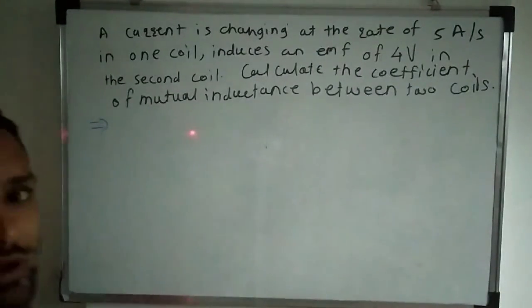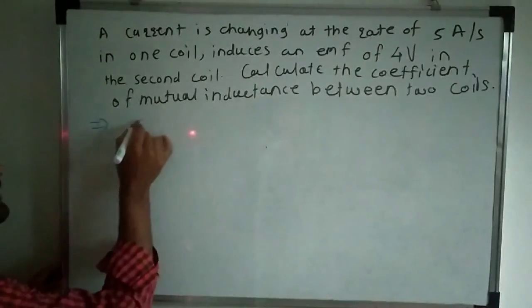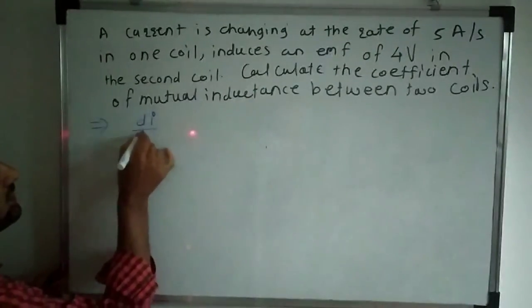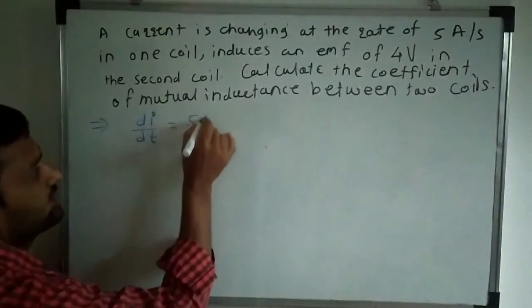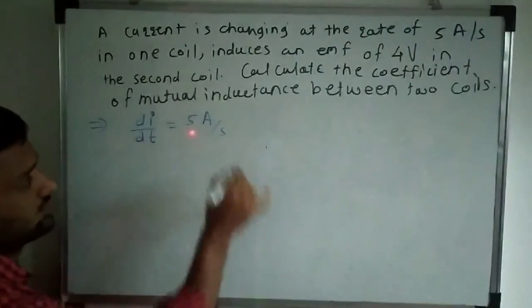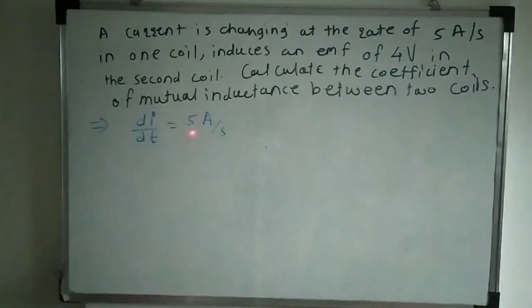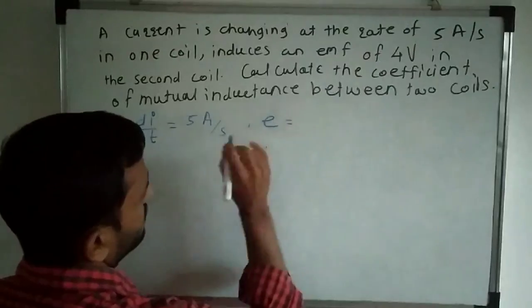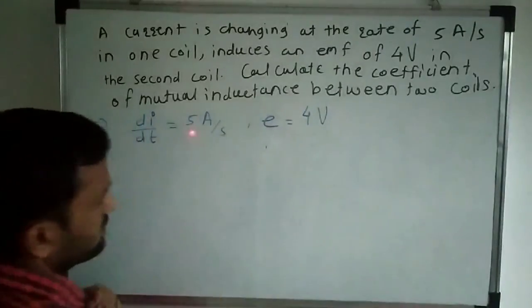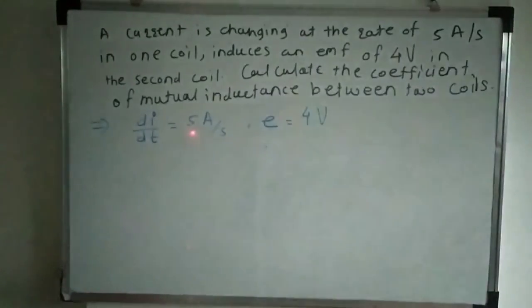It means divided by time, so di by dt is given as 5 ampere per second. The rate of change in current is 5 ampere per second in one coil, which induces an EMF. The induced EMF is given as 4 volt in the second coil.